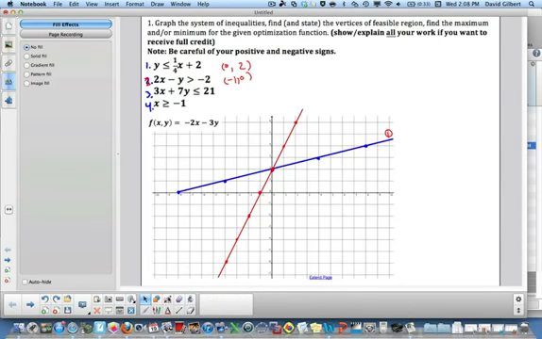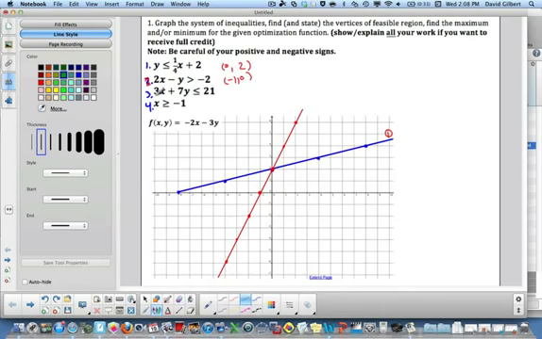Now let's pick another color, again with the intercepts. So if x is 0, cover that up, I get 7y equals 21, y is 3. And a similar method gives me x is 7.